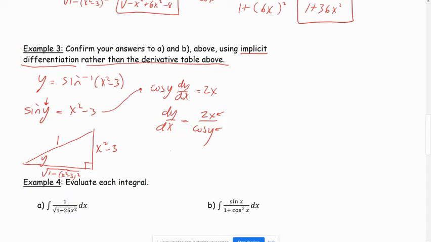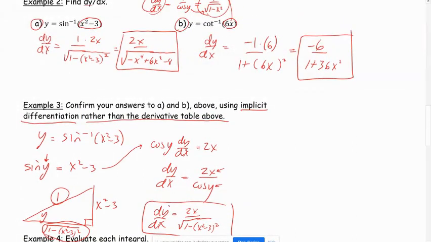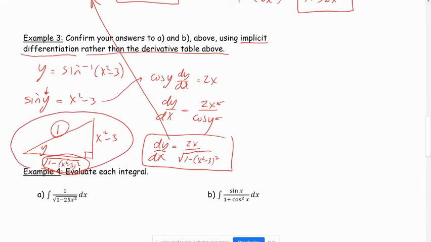I can look at this triangle and see that the cosine of y is adjacent leg over hypotenuse. So that's just going to be the square root of 1 minus x squared minus 3, quantity squared. And now we have dy/dx written as a function of x. And notice that that is exactly the same as what we got up here, except without using the derivative table, we just used implicit differentiation and drew the right triangle that's associated with that equation.